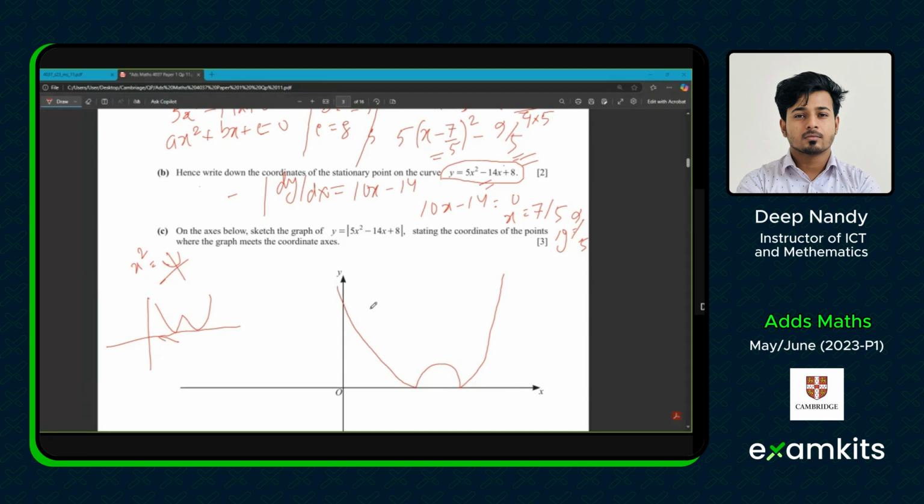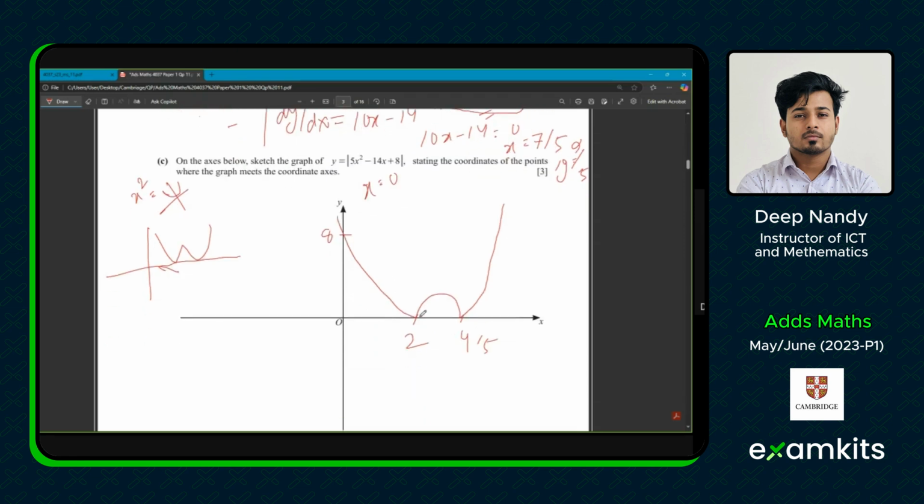we get the y value. Solving in the calculator, the roots are 2 and 4 by 5. So this one is 2, this one is 4 by 5, and the value of y here is 8, by putting x equals 0.